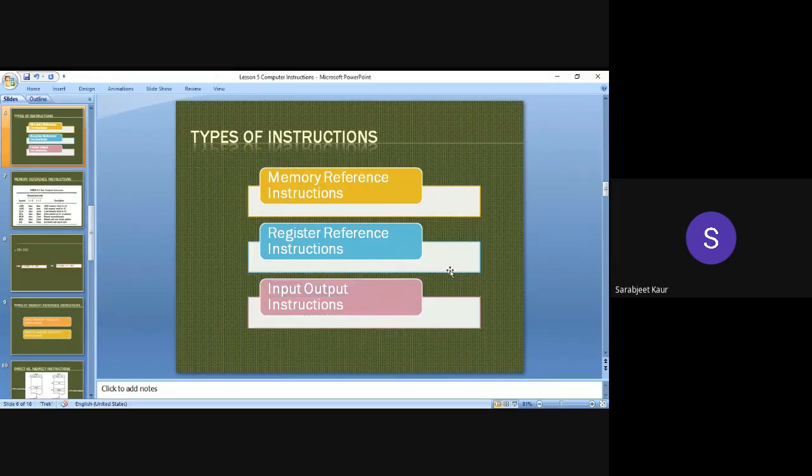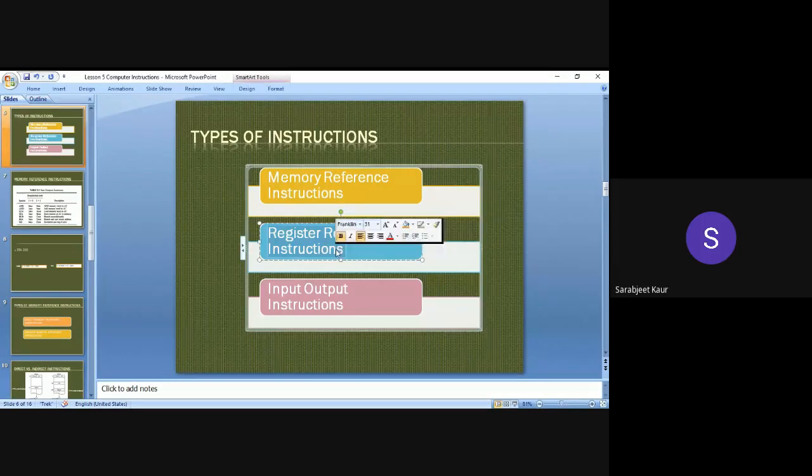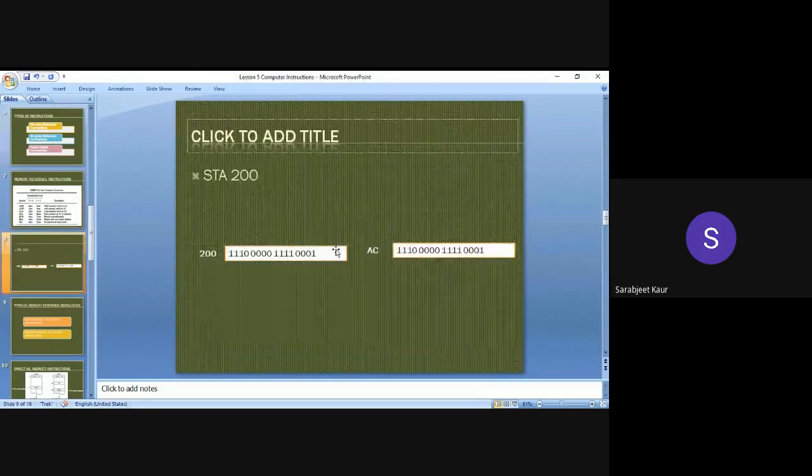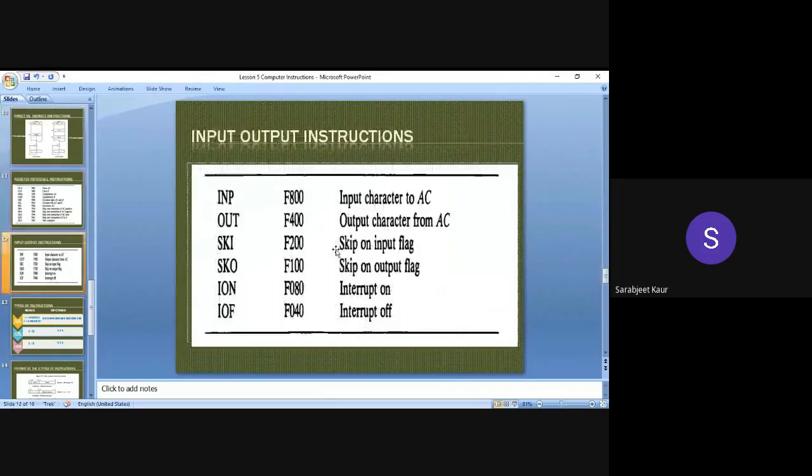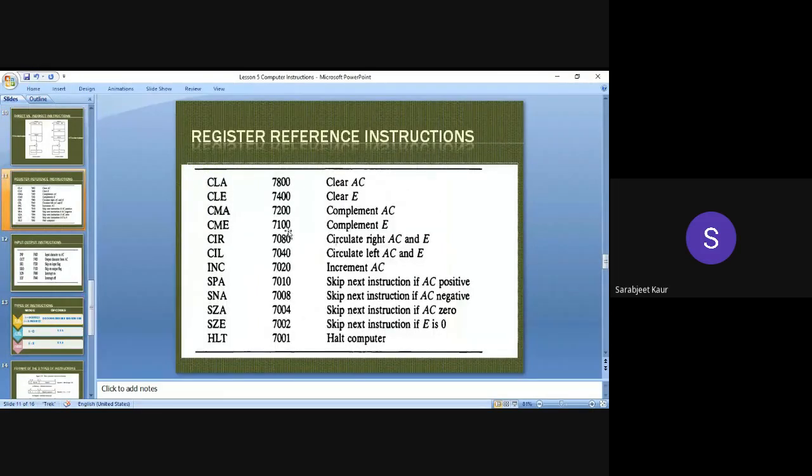So let us have a look at the register reference instructions and how they look, so that you are more clear about what we are talking about. Please see, this is a table that I have taken from your book. You will find all these figures there.